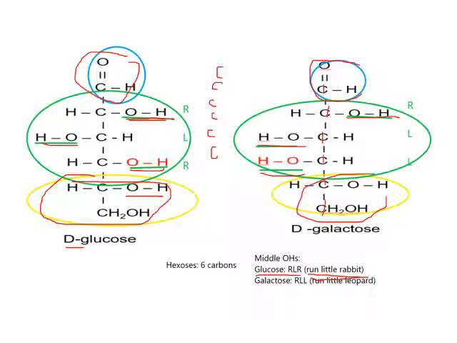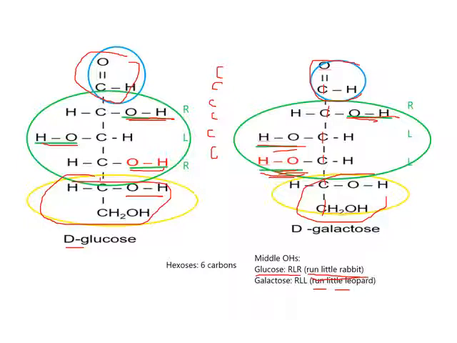For galactose, it could be run, little leopard or lamb or lion or whatever you want. Okay, lizard. So similarities: 6 carbons, bottom and top. Difference: the middles. Run, little rabbit. Run, little lizard.